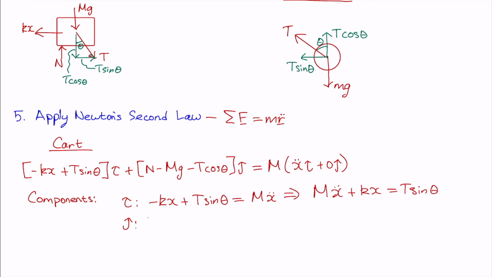We're going to have N minus big Mg minus T cosine theta is equal to 0, so we'll just leave that as 0. Then we can write that our normal force N is equal to big Mg plus T cosine theta, and we still don't know what T is, so we're going to end up having to find that.